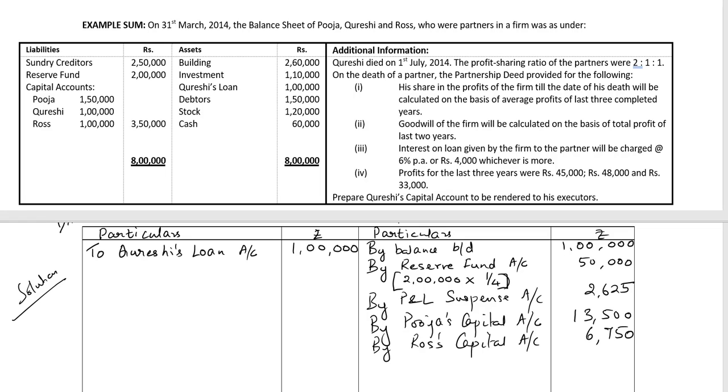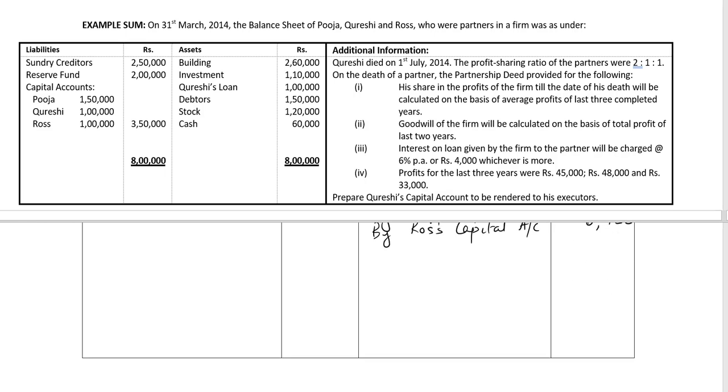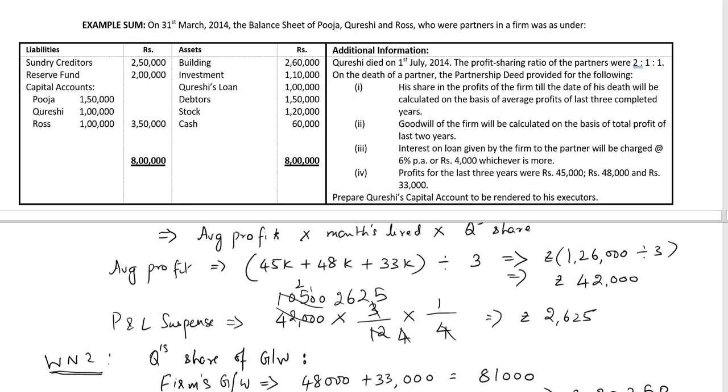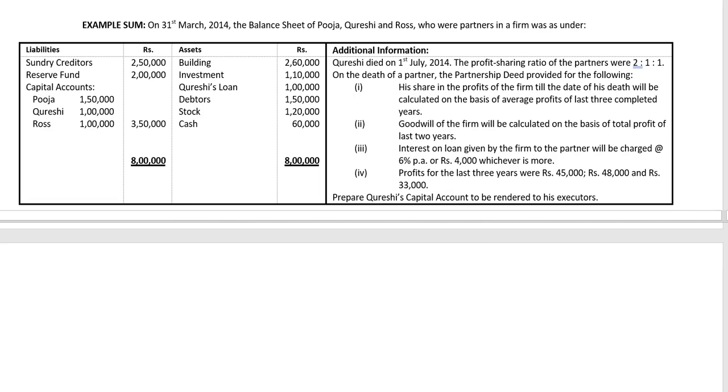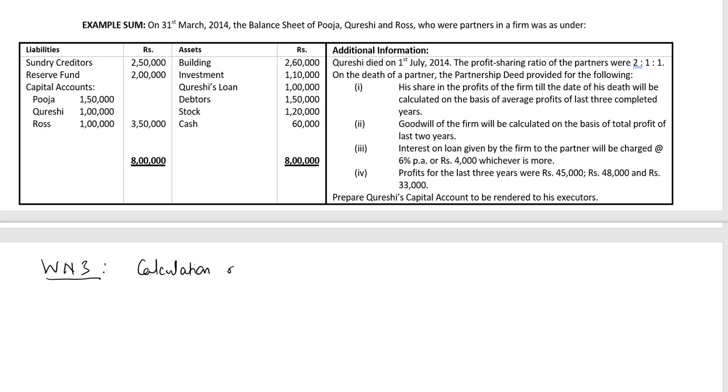We need to deal with the interest on loan, the third point. The third point says interest on loan given by the firm to the partner will be charged at 6% per annum or rupees 4,000, whichever is more. So working note 3 is calculation of interest on loan.